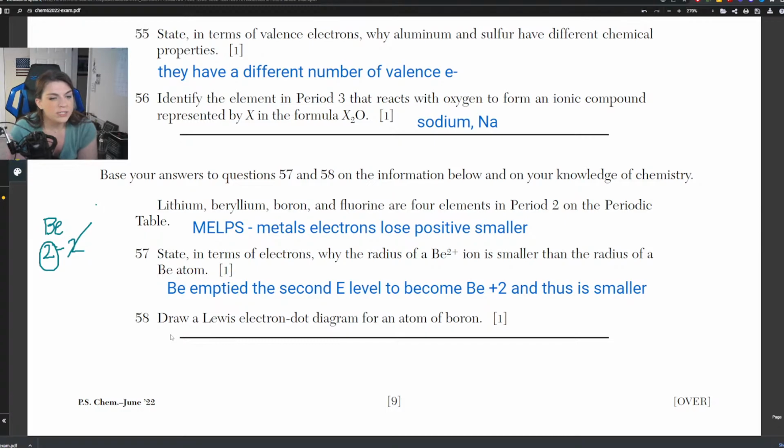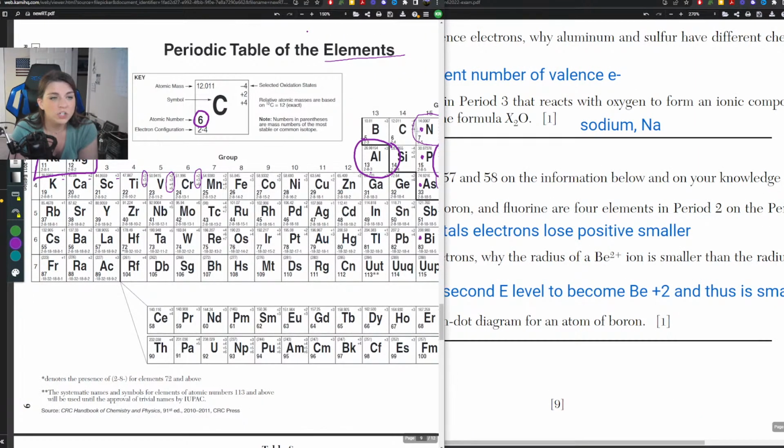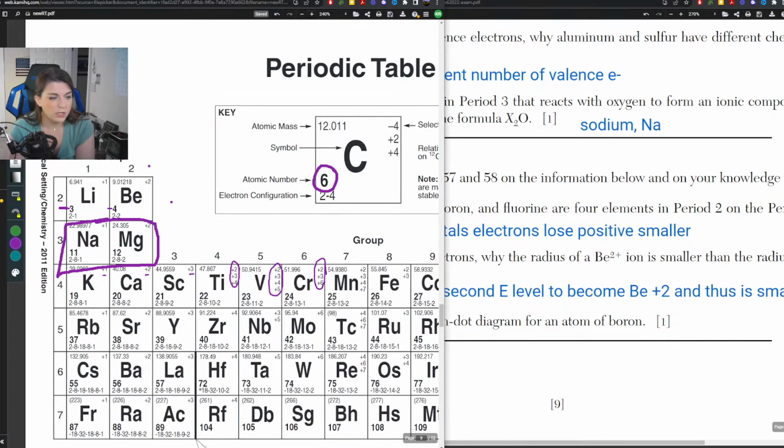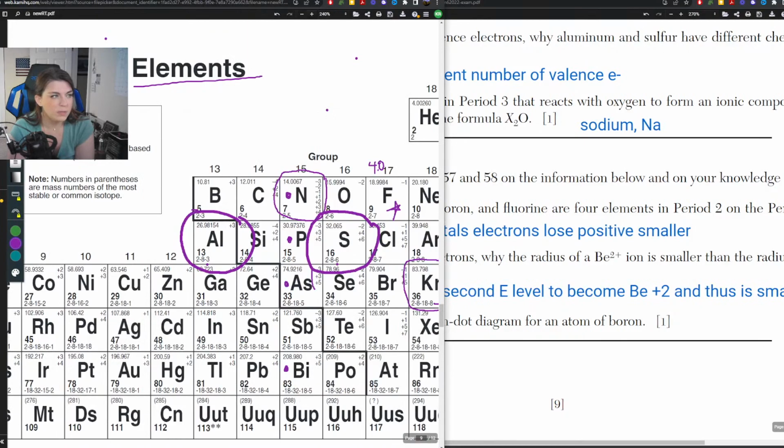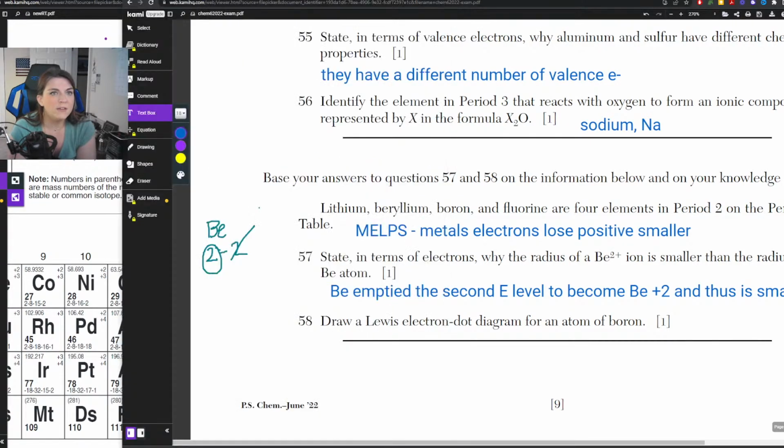Draw a Lewis electron dot diagram for an atom of boron. Honestly, they're probably asking you this because beryllium and boron are near each other and their symbols are similar. Boron is up over here, the capital B, just B by itself. Its configuration is 2-3. So it has 3 valence electrons.